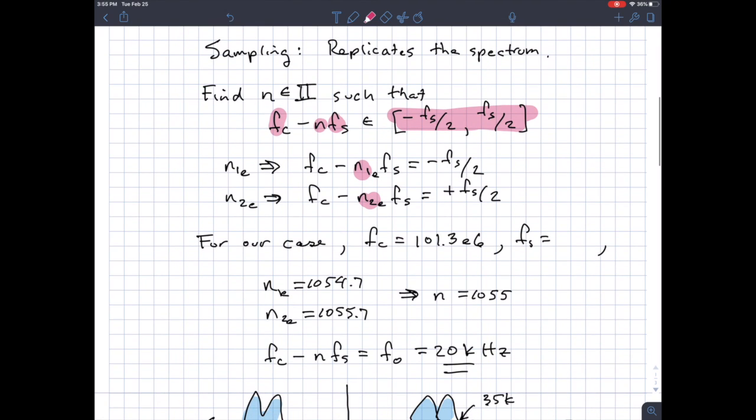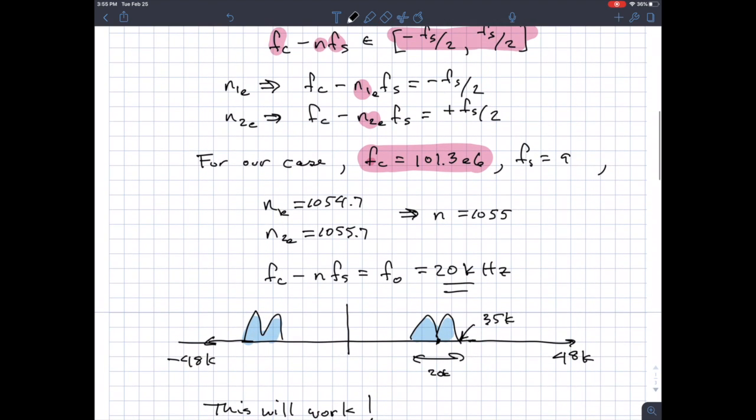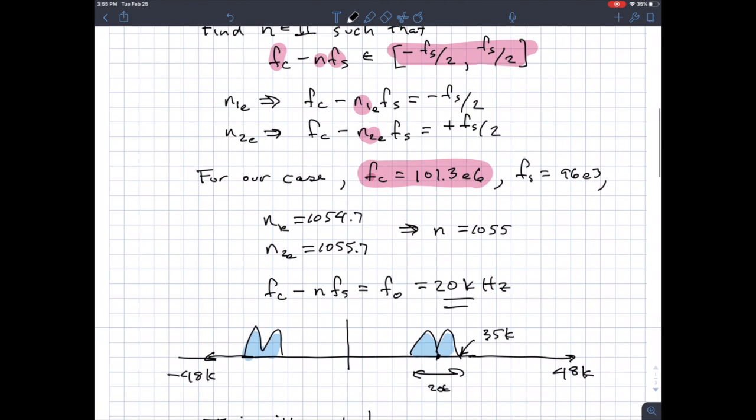In this particular case, FC was 101.3 times 10 to the 6th. FS we took to be 96 kilohertz, so 96 times 10 to the 3rd. Plug that into this first formula, and you get the lower exact value for n, which is 1054.7.